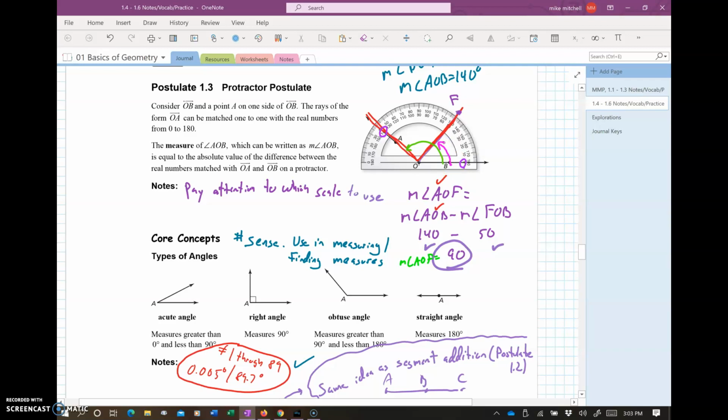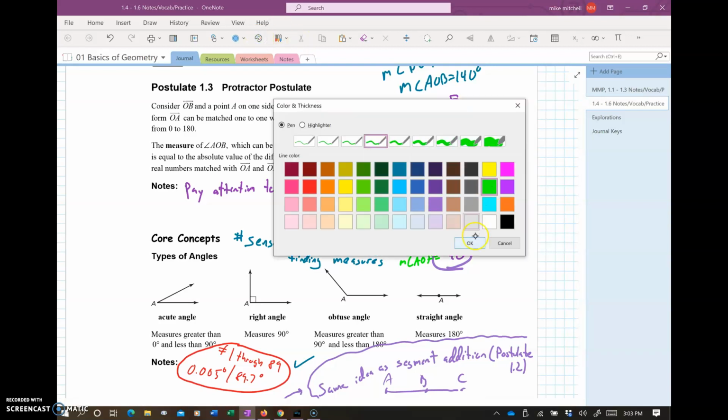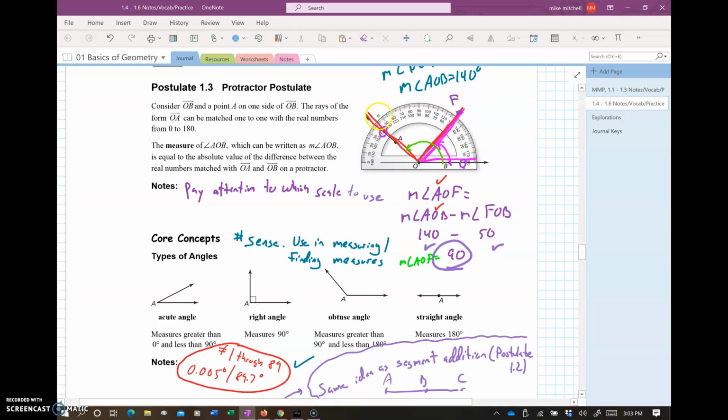So here's FOB in the pink right there. Here's AOF, and I take the green, I take away the pink, it leaves the red on there.